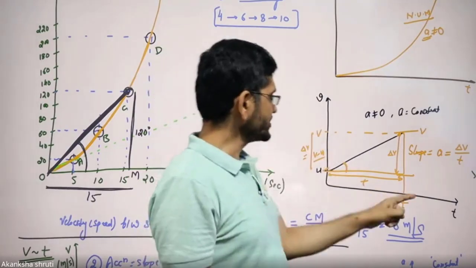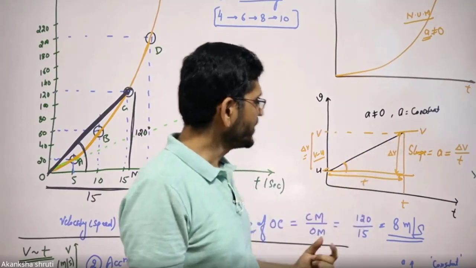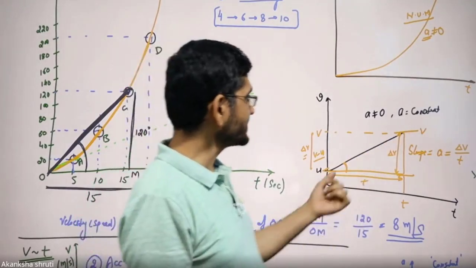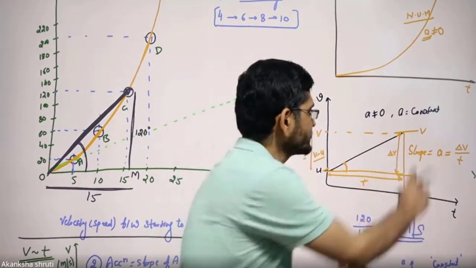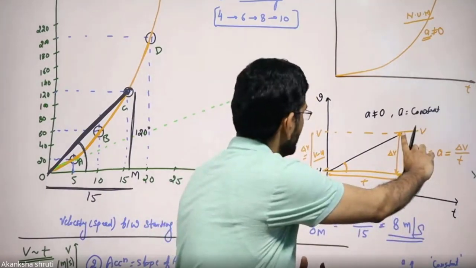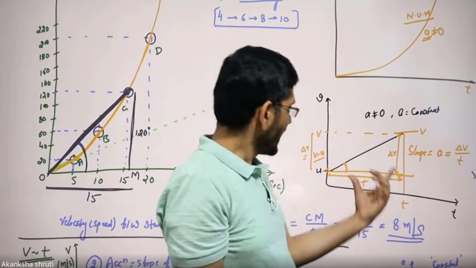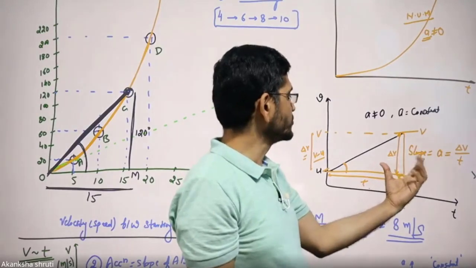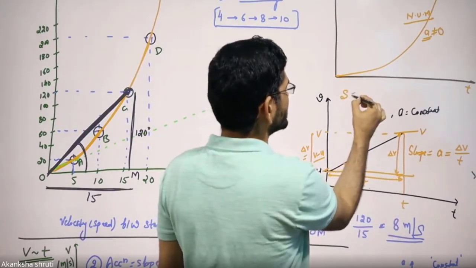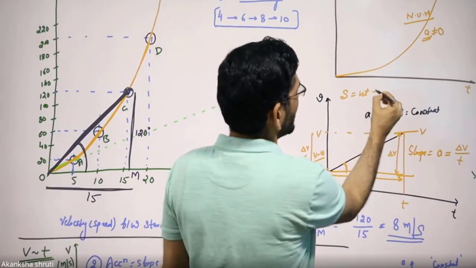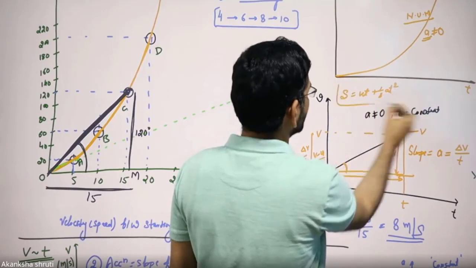From the velocity time graph, taking the slope of this curve, we can get the acceleration. If the acceleration exists, it is obtained by taking this vertical, which is the change in the velocity, by the horizontal, which is the time. And this relation we are going to use for deriving the second kinematic equation, s equals ut plus half at square.